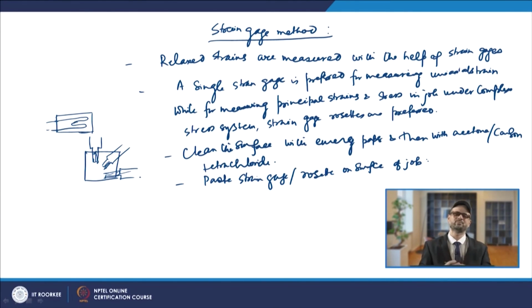Once you have drilled the hole, you can measure the strains with these strain gauge rosettes. Basically you have these rosettes at different angles, 0 degree, 45 degree and 90 degree, fixed on the specimen. They calculate the strains in these three directions, and once you know the measured strains, you can calculate the stress values in the specimen.